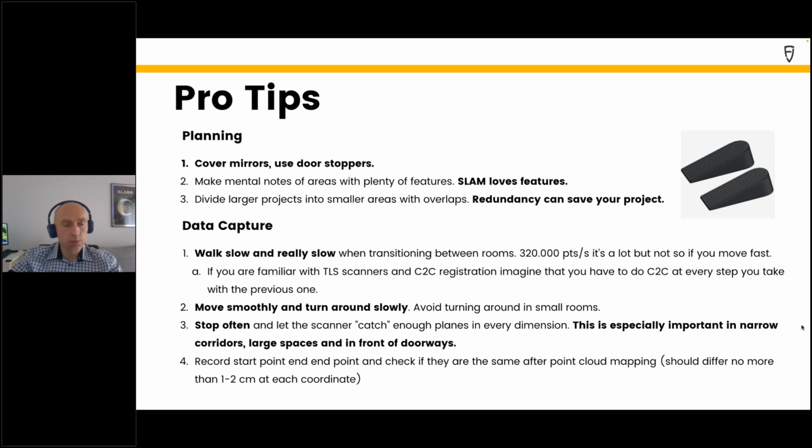If the start point and the end point differ no more than 1 or 2 centimeters at each coordinate, usually the scan is okay. Of course, it means that you have to mark the starting point and you have to get back to the same point at the end of your scan.